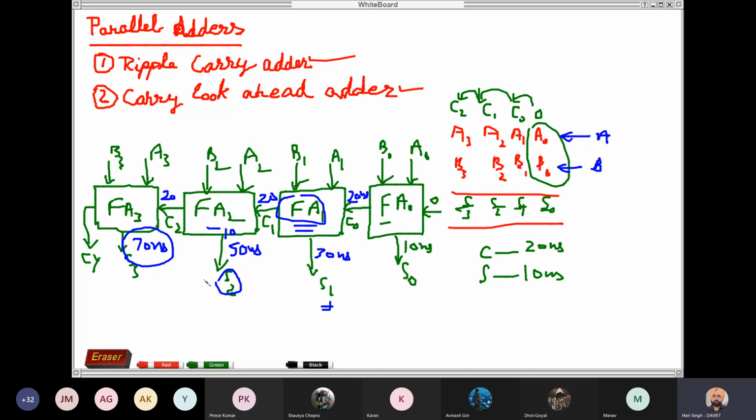Okay, so this problem is called the ripple carry problem. So the carry will take more time to reach the MSB if the number of adder circuits is increased. So it is called the ripple carry problem.